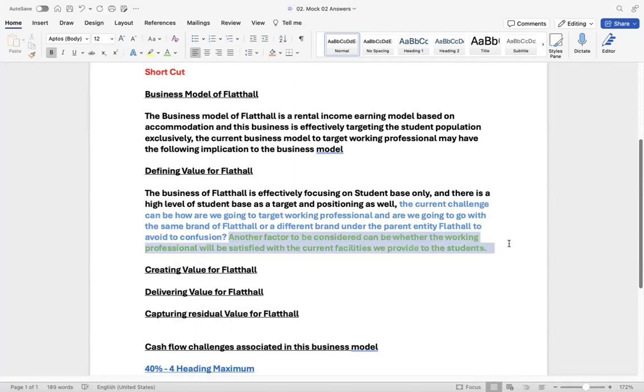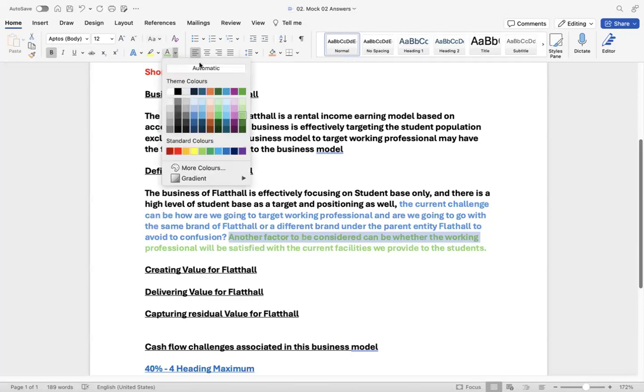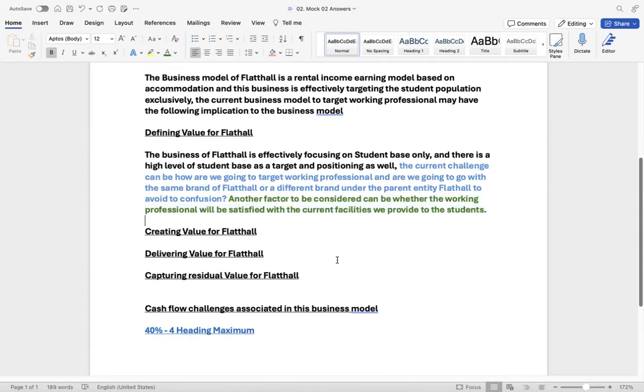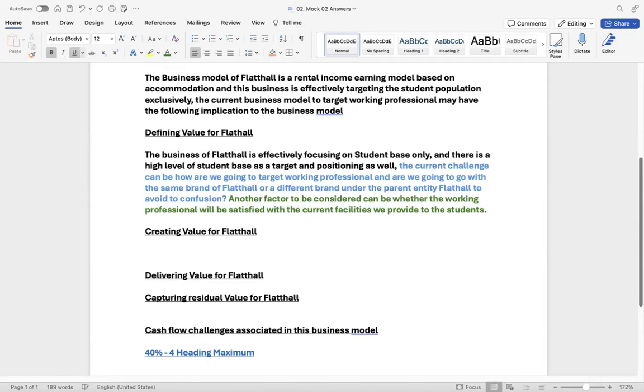Can I get a confirmation from you all in the chat box? Because if you observe, the students are very much concerned about their relaxed environment for studying purpose. But these professionals, more than studying, may have other purposes also, like work from home, work from room, whether their room has the capacity to give that option.